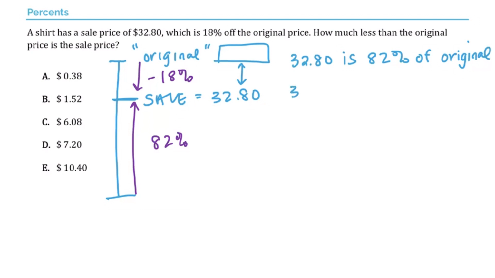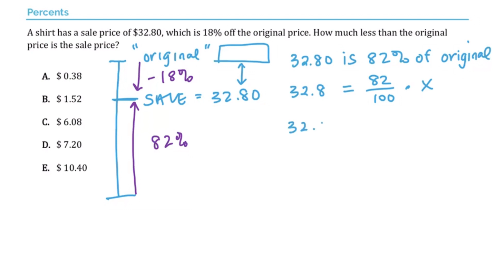So we know that 32.8 is, we do an equal sign, 82% turns into 82 over 100, of is times, and it's 82% of what, right? Of what is the price of the original. So I'm just going to do an X. You could do an O to symbolize original. I just was avoiding that because an O could look like a 0, and I prefer to always solve with X as the missing variable.